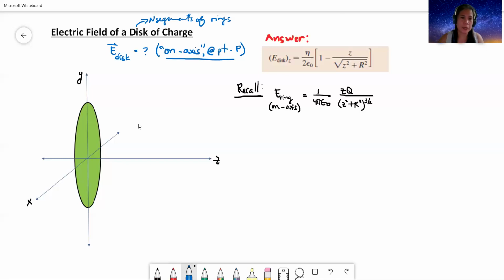So what we do now, our first step, is we assign the coordinates. I've already assigned the coordinates here. We still take the XY plane as the plane of your monitor, of your laptop, and the axis that cuts perpendicular through it is the x-axis. Now, second step, after determining the coordinates, we will divide the disk of charge into several segments of rings.